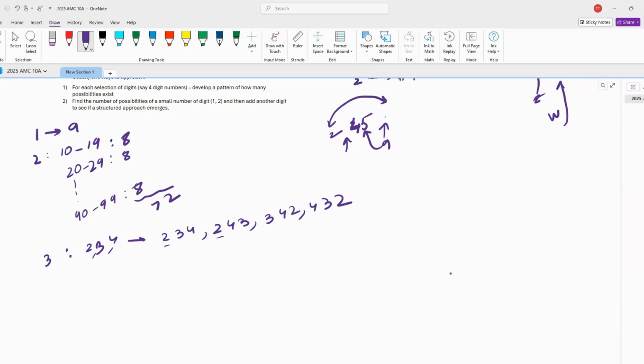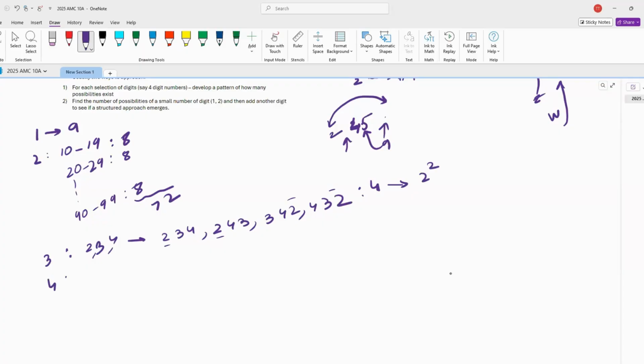So 2 has to be at the ends, and then the other numbers would be either in the beginning or the end and flipped. So we have 4 possibilities here. Now I'm kind of trying to sense a pattern here, because 4 is 2 squared. We'll see, it's too early to call.